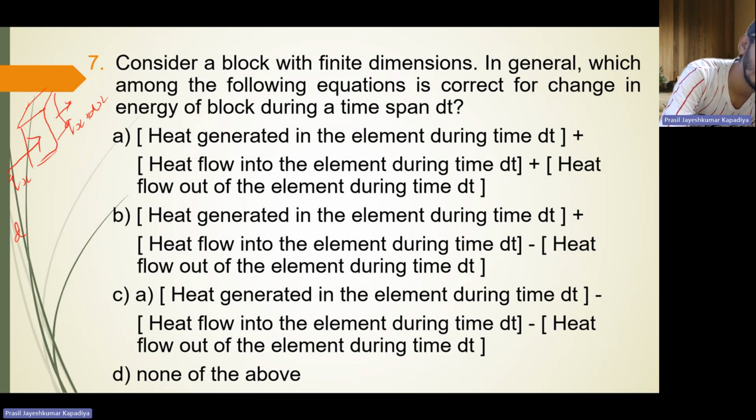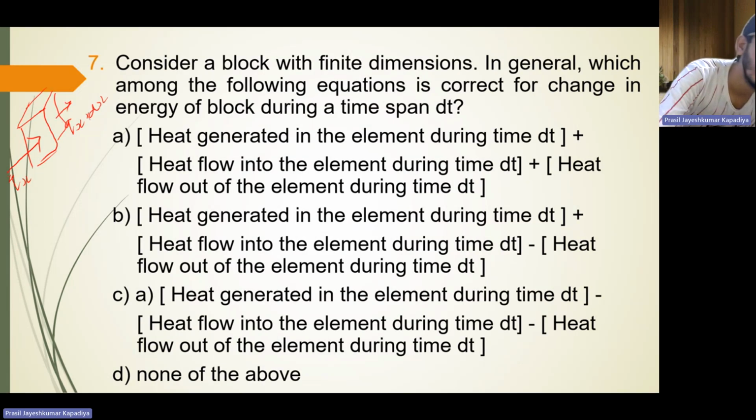So let's say if I want to write dQ/dt, that will be equal to heat in minus heat out, plus there is one additional term.